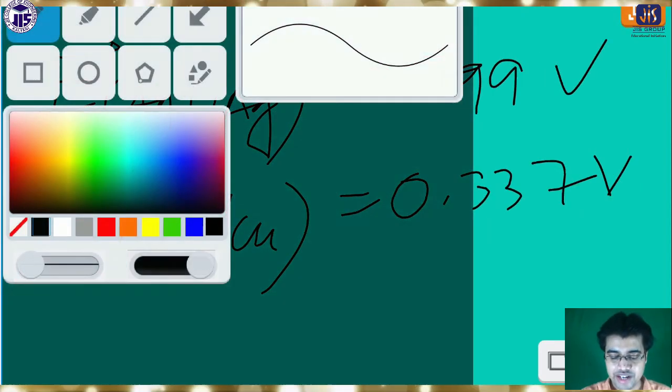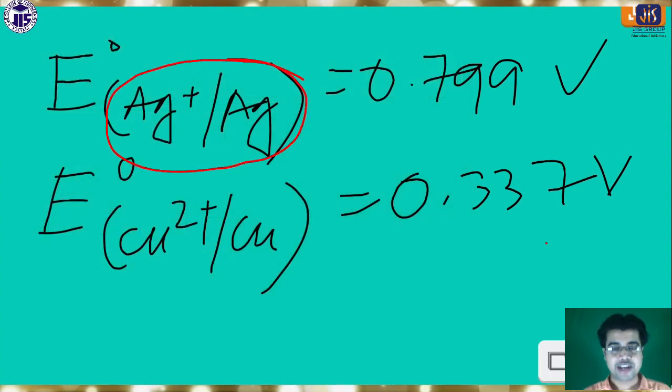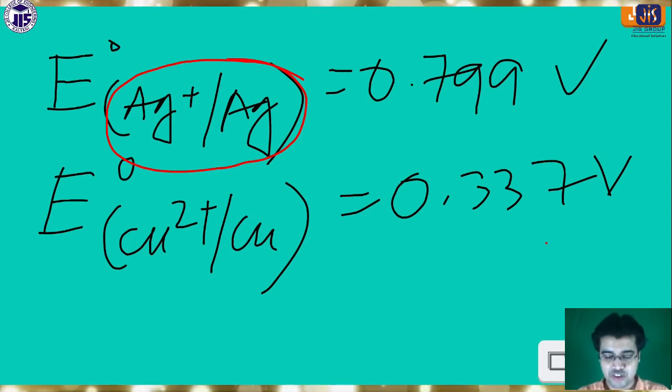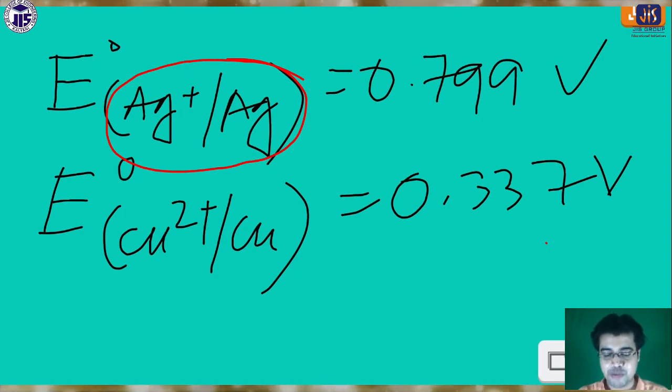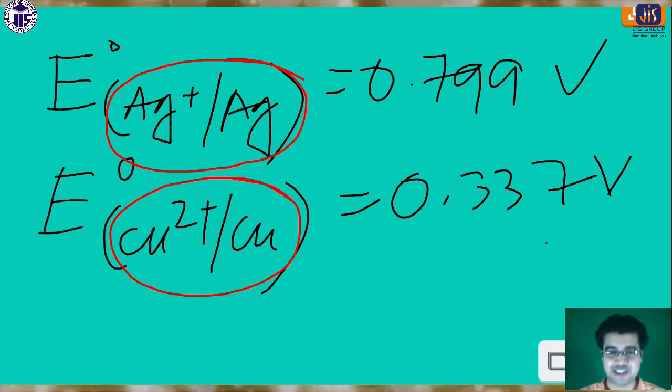If you check it, you will find that Ag+ to Ag is a reduction reaction, because Ag+ is taking an electron for the conversion to Ag. And Cu2+ to Cu is also a reduction reaction. So both are expressed as reduction potentials.